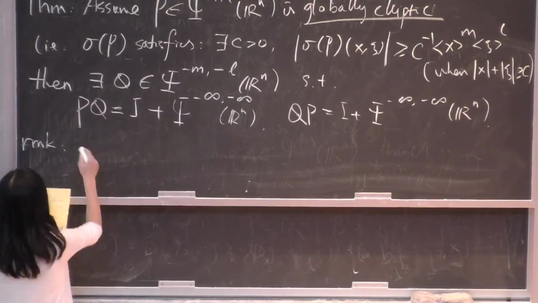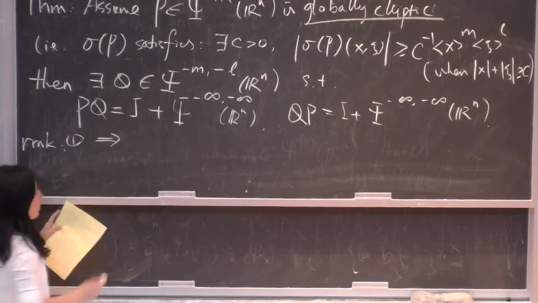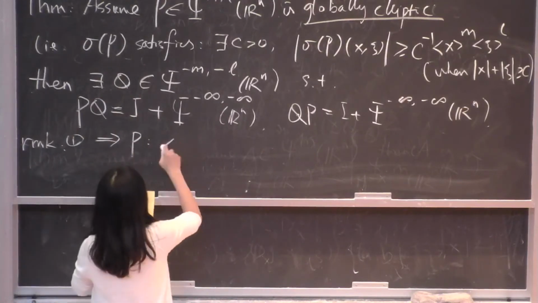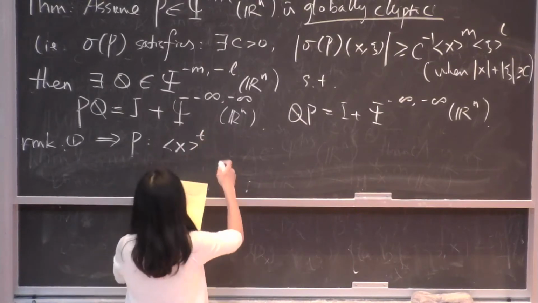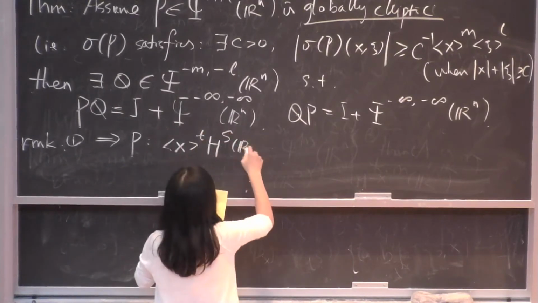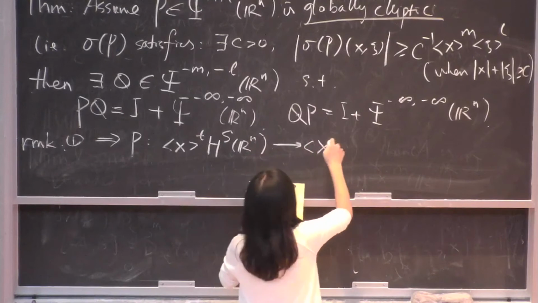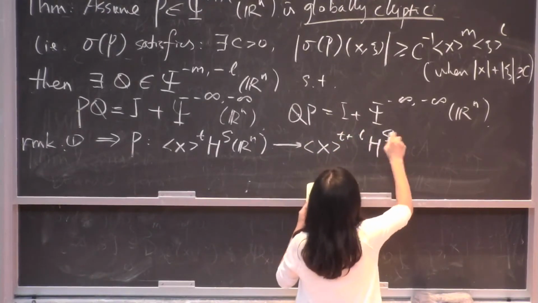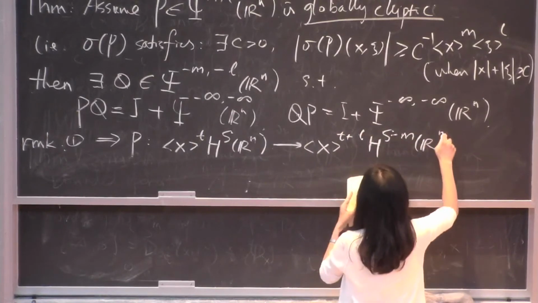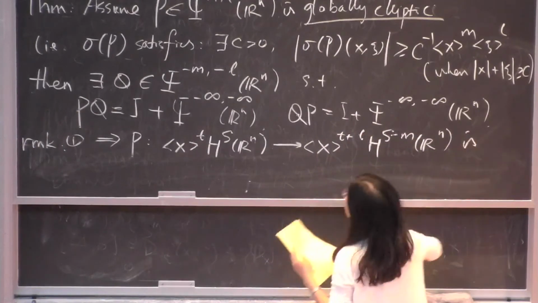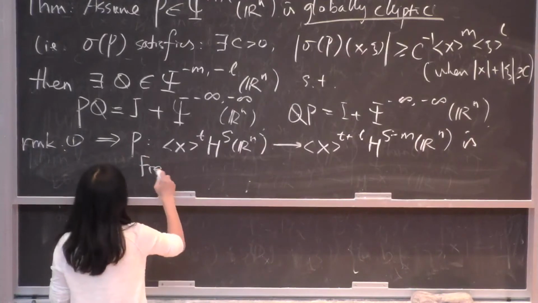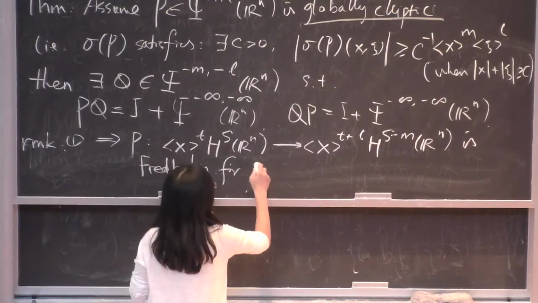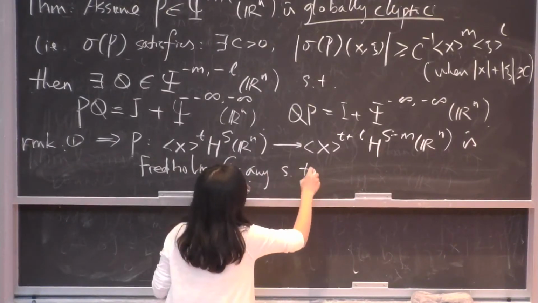The first remark is that using the theorem, this operator P acting between these two weighted Sobolev spaces, H^s(R^n) to <x>^{-(t+l)} H^{s-m}(R^n), is Fredholm for any s and t. So it's not only bounded.